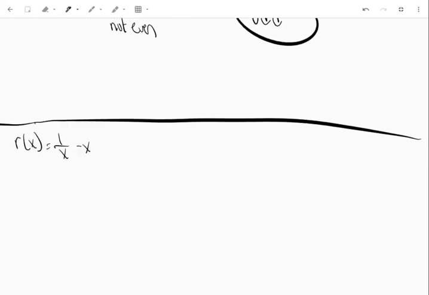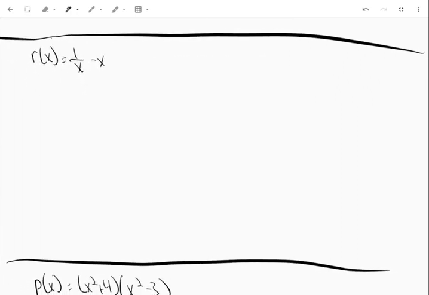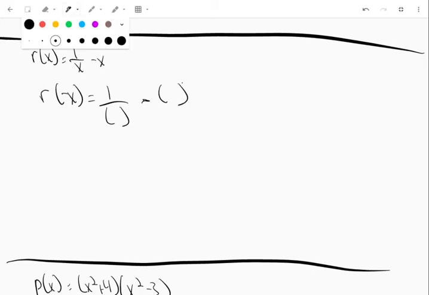Okay. Number 4, r of x. Okay, once again, we'll check whether it's even first. So we'll check it against r of negative x. So I'll do the same thing I've been doing. Okay, replace x with negative x and simplify.